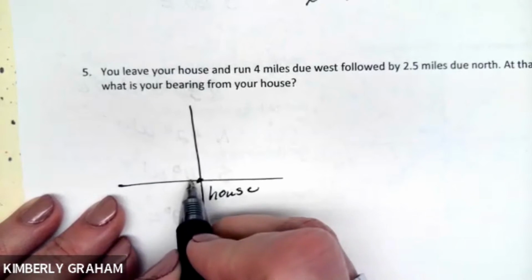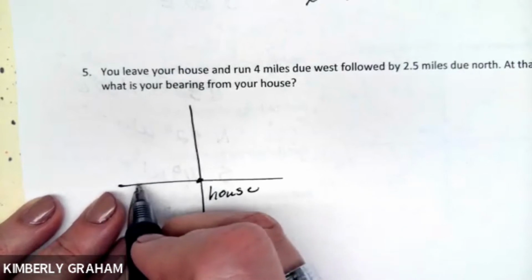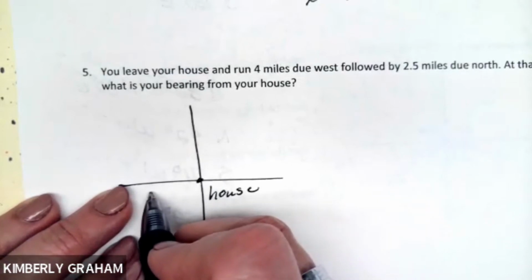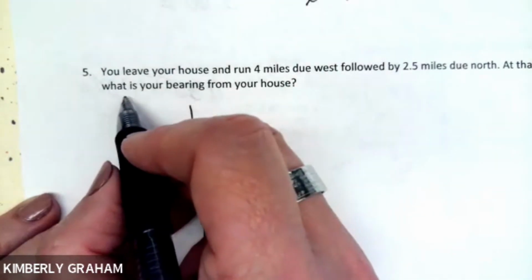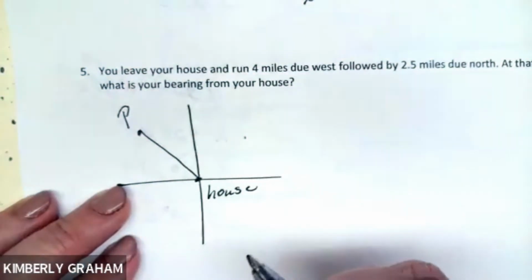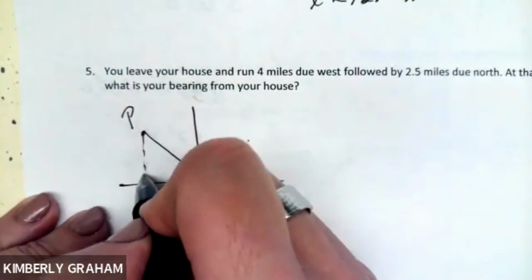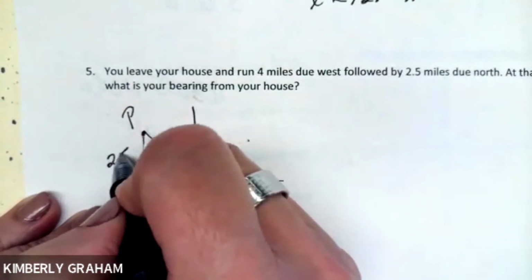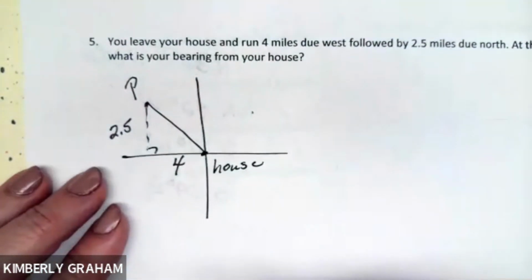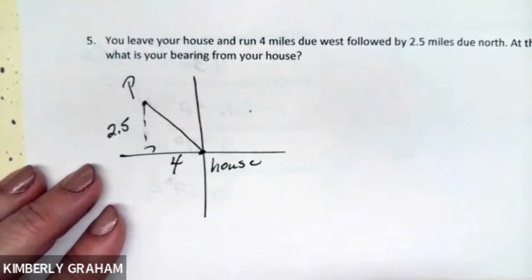So I go 4 miles west and then 2.5 miles north, and I'm going to end up at this point P here.